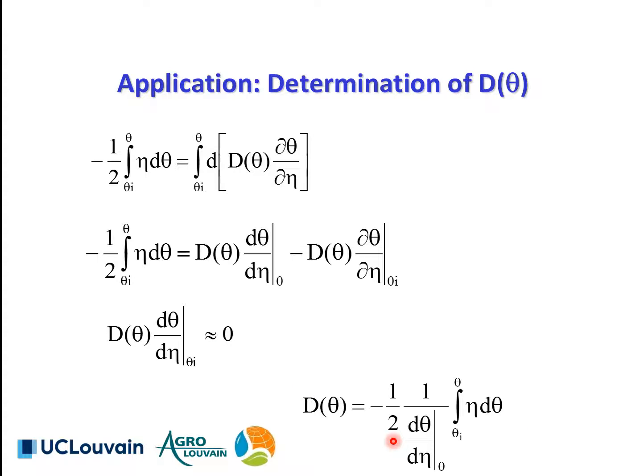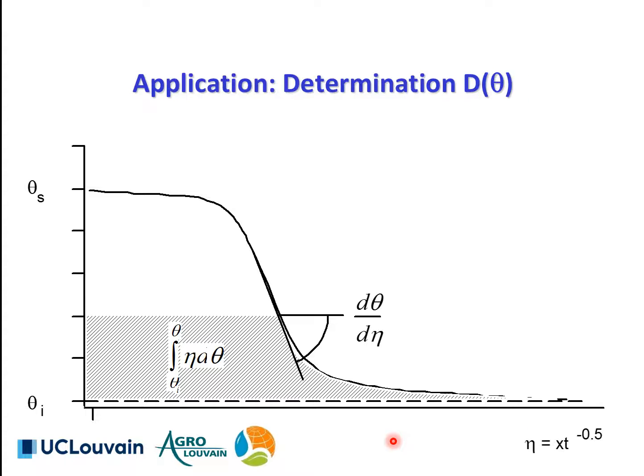For determining now D, we need to carry out a horizontal infiltration experiment. This means that we need to set up a horizontal column and determine the infiltration front as a function of time. This can be done, for instance, by installing soil water sensors in a horizontal column, allowing to monitor the horizontal infiltration in the soil. Subsequently, we can plot the soil water content in terms of the Boltzmann transform eta.